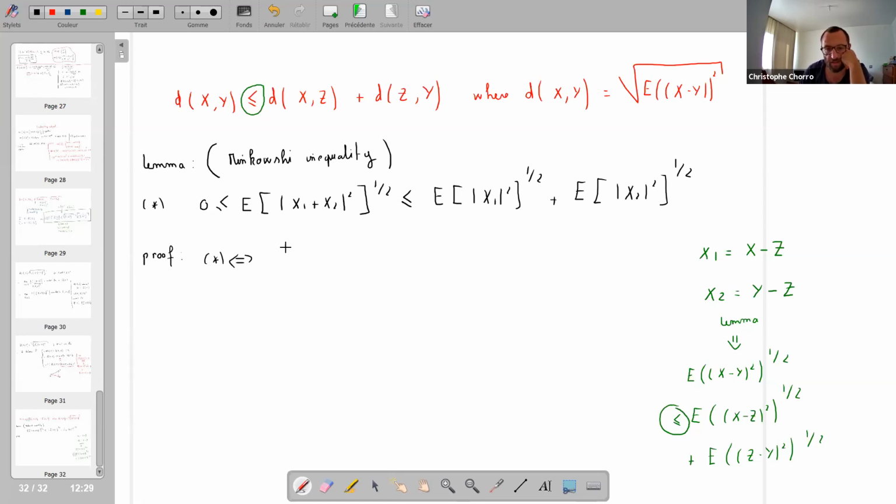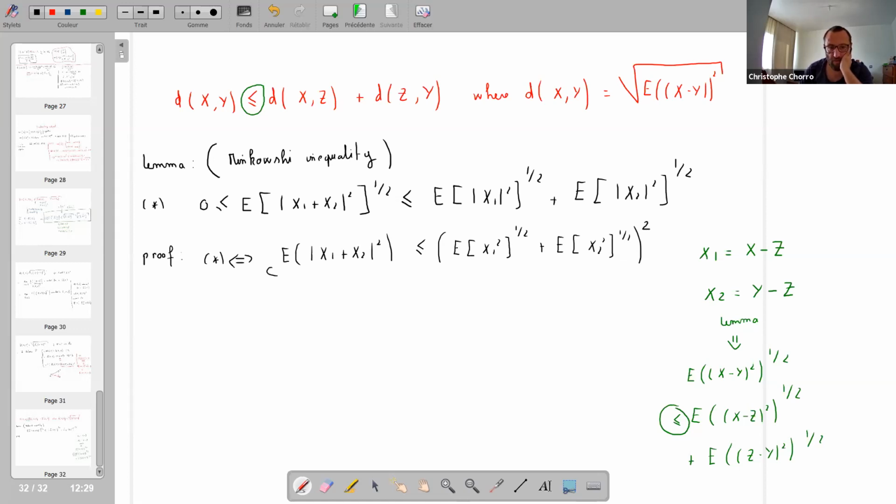So what I am interested in is the square of this quantity here. I just put a square in this inequality and I obtain something equivalent because I deal with positive numbers here.